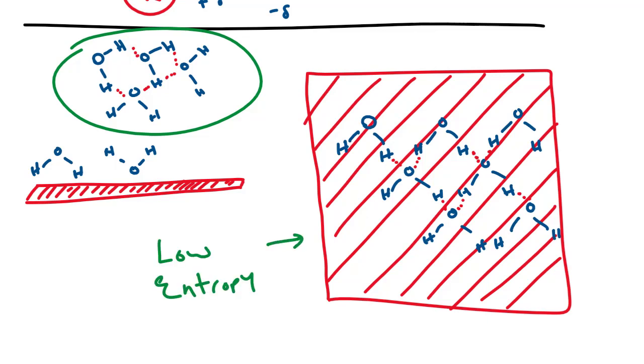Whereas this right here, water in just an aqueous solution not being even near a nonpolar surface, is high entropy. Maximum entropy that water can really achieve. To maximize entropy, the water molecules will spontaneously try to move from this state right here to this state right here.